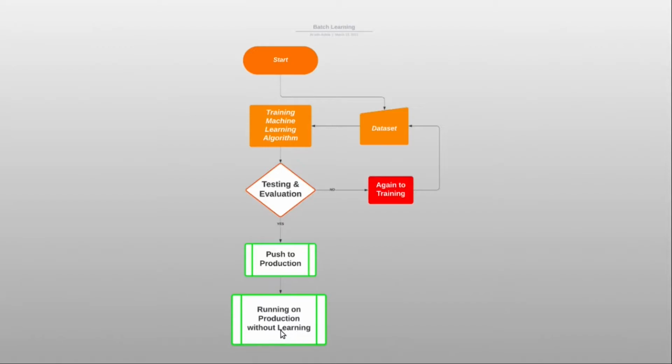In batch learning, if a model is pushed to production, it never learns further after that, and it works based on the previous learning alone.